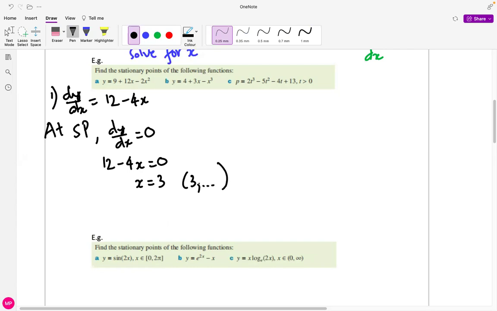So you know that the point will be 3 comma something. All you do is substitute x equals 3 back into the original equation, and you can solve for y.